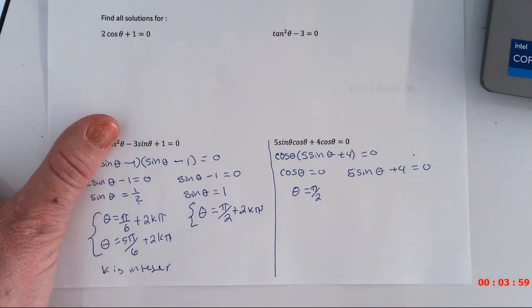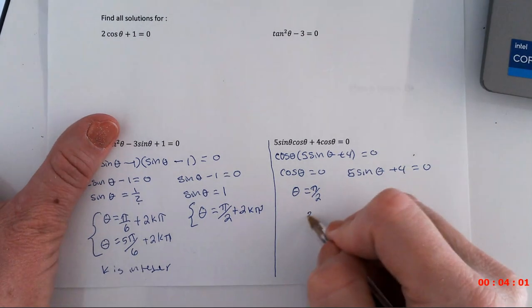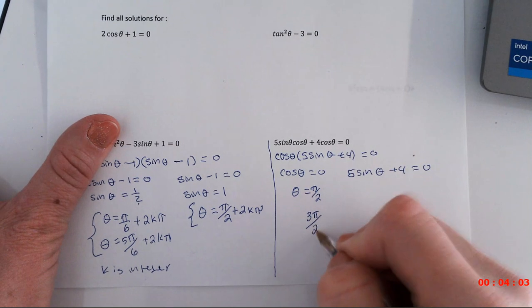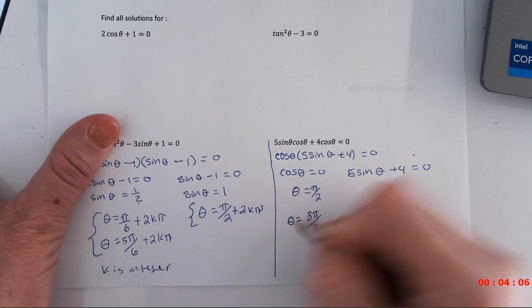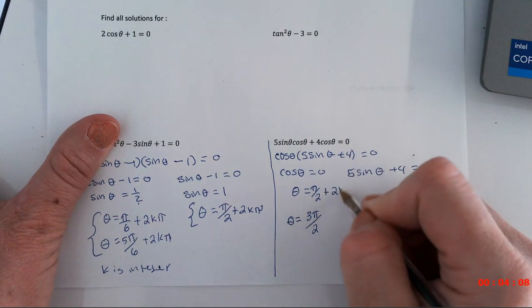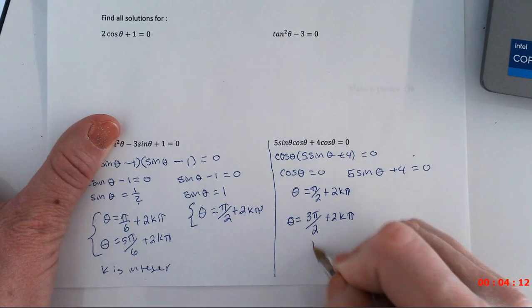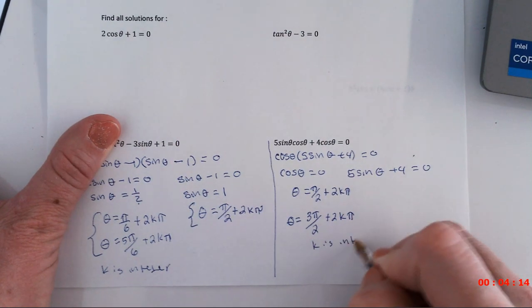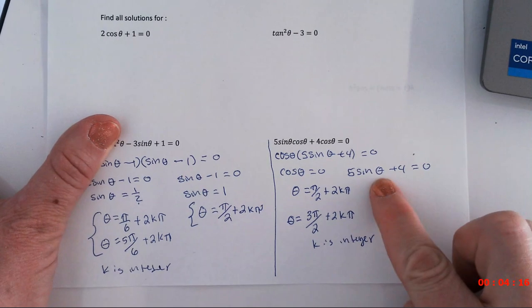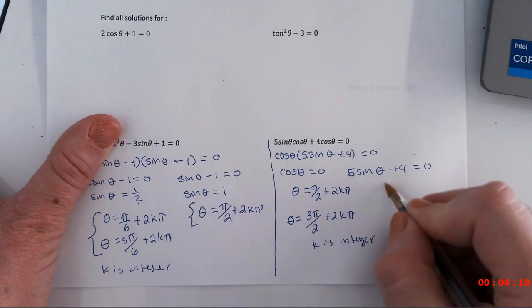And then if you keep going and you land on the y-axis again, 3 pi over 2 is the other one. And then we're still looking for all solutions, so plus 2k pi, plus 2k pi. K is an integer.